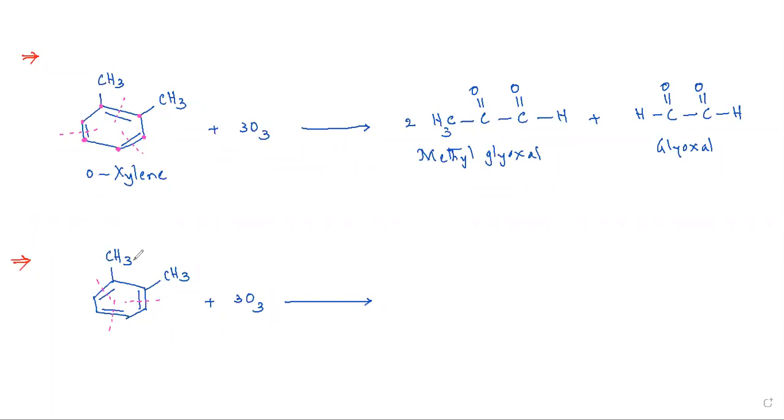Kekulé gave two resonance structures for benzene. Okay. Of course, even Dewar gave three different resonance structures for benzene. But the actual structure of benzene is a resonance hybrid of all these structures. Okay.